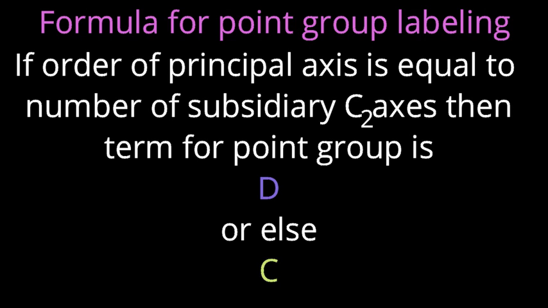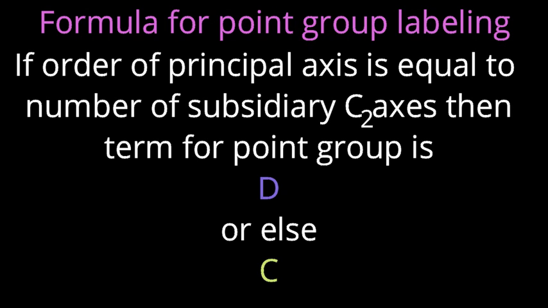I repeat the formula. If order of the principal axis n is equal to number of subsidiary C2 axes, then capital D or else capital C. This is the first point of distinguishing the point groups or labeling the point groups.